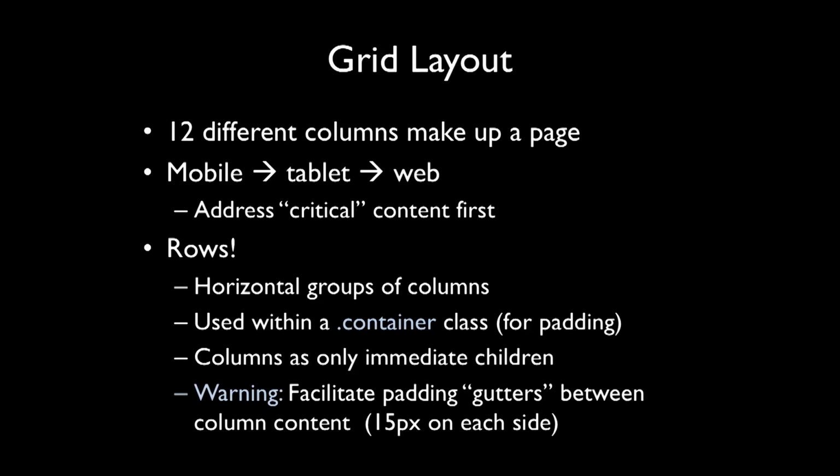So one of the main features that Bootstrap sets up for you is this grid layout. Basically, what that means is it sets up a bunch of different columns that make up your page, whether that's on your phone or your computer, it doesn't really matter. And it deals with the most important content first.